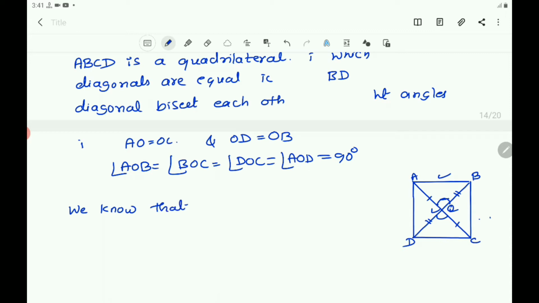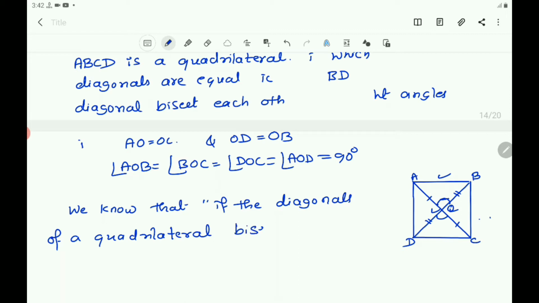If the diagonals of a quadrilateral bisect each other, then it is a parallelogram.